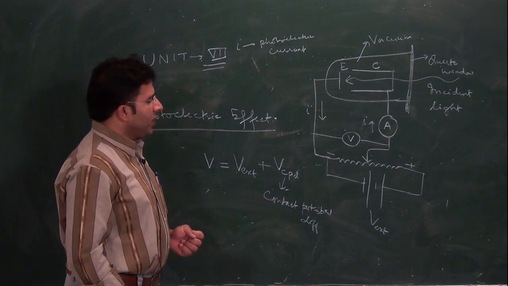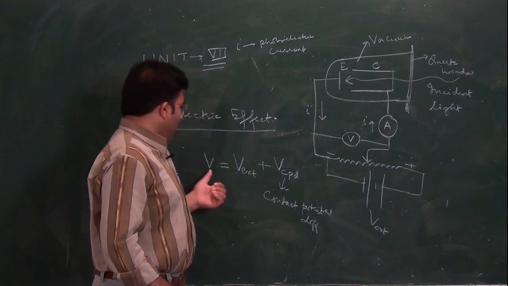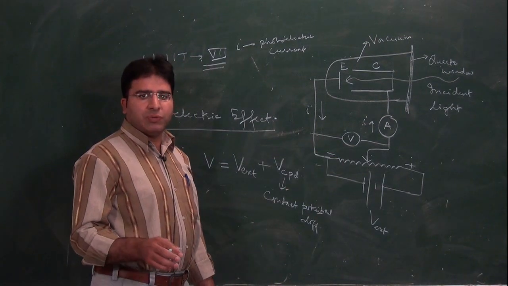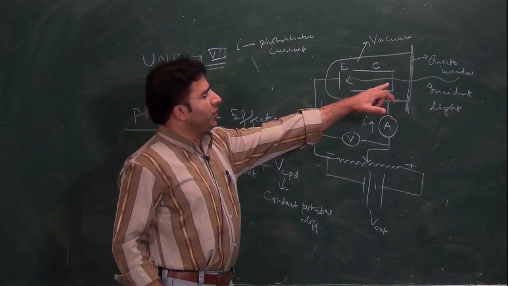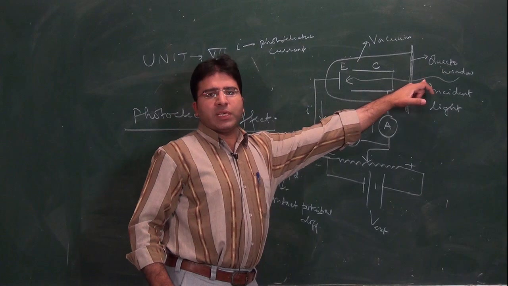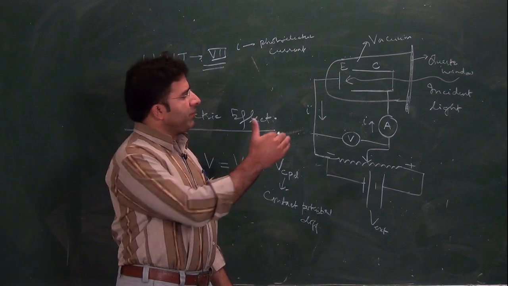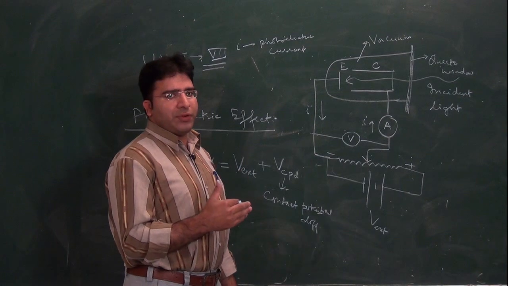And one more thing: in this experiment, we change this voltage and see the effect of that change on the photoelectric current. Sometimes we change the frequency of the incident light, keeping the metal surface fixed, and see the effect on the photoelectric current.